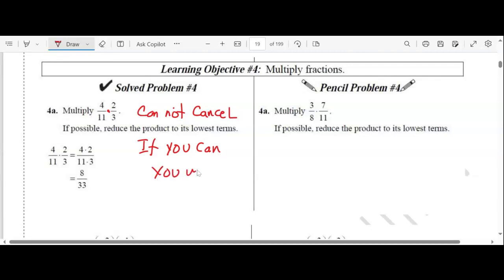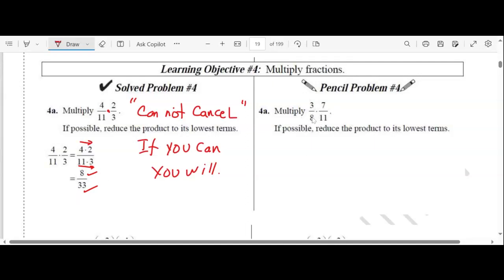If you can, you will. But I cannot cancel anything, right? So then I have to multiply. 4 times 2, how much? 8. And 11 times 3? So you find the answer 8 over 33.